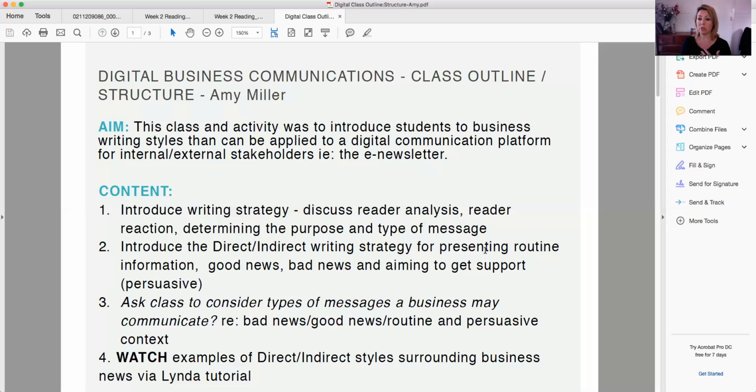So the direct or indirect writing style will depend on the type of news that the business wants to share with their stakeholders, and also that's going to depend on whether they're internal stakeholders or external.